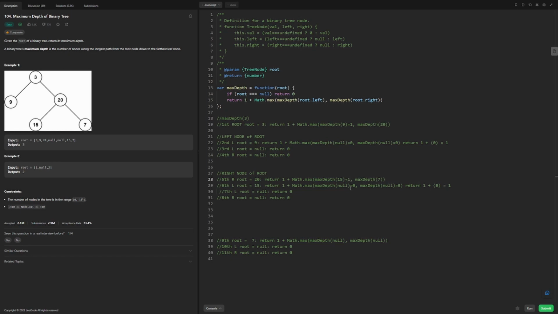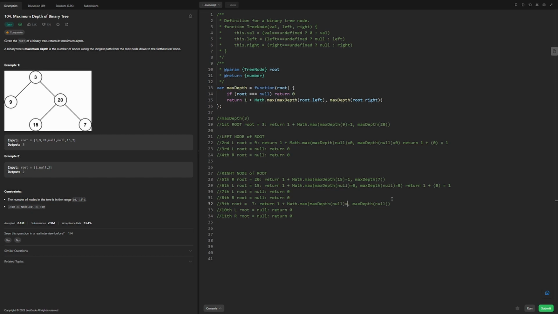All right, perfect. So that means we finished on the left. We checked the right too. So we have to go back up here, and now we check the right of 20. So the next line is this one, the ninth step, root is equal to 7. Okay, and what happens here is the same thing. What's to the left of 7 and what's to the right of 7? Null. So the 10th step returns 0.